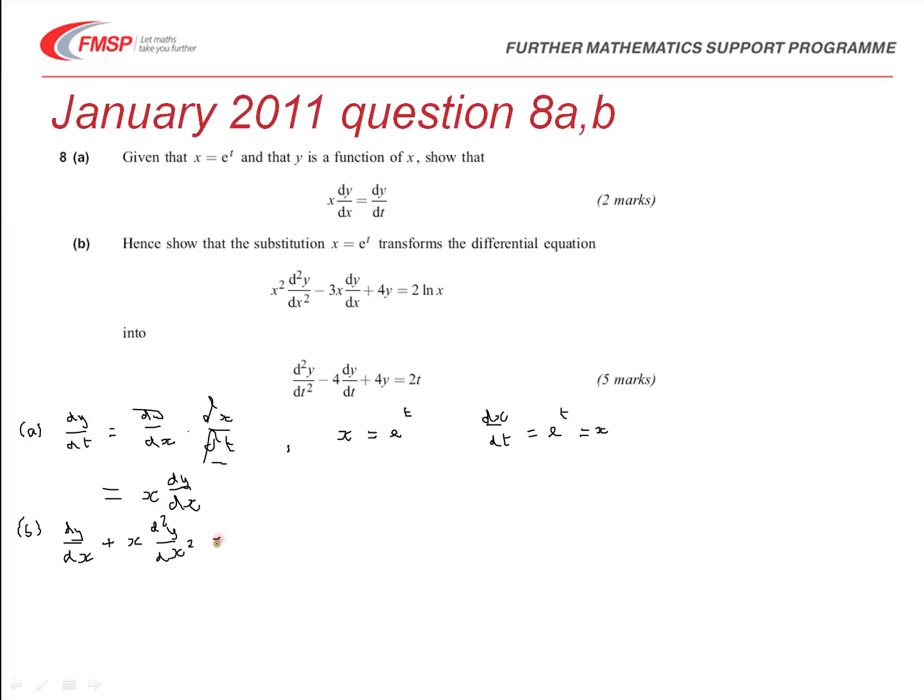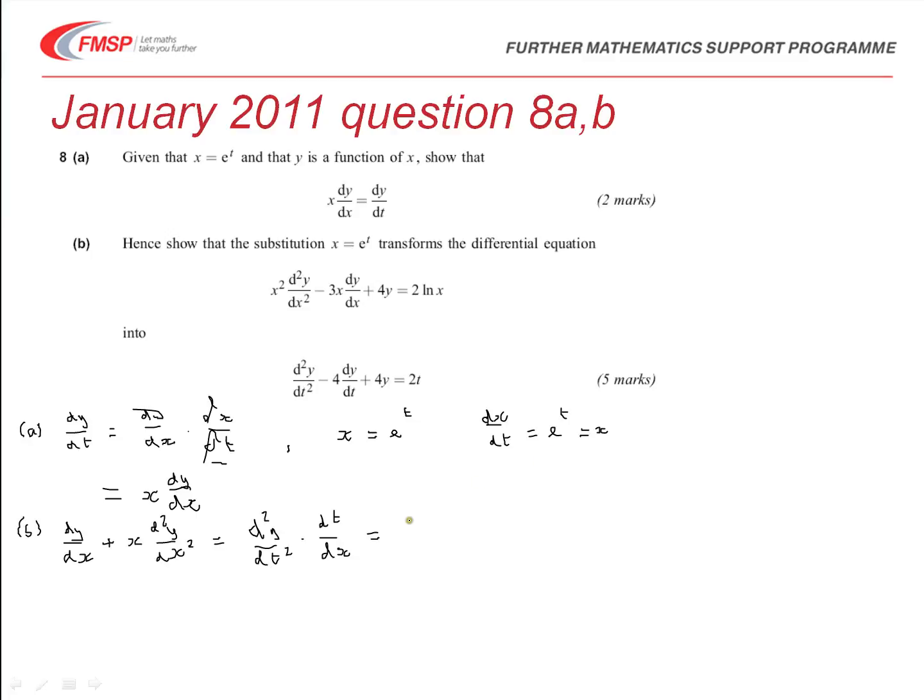and that will equal, well, we've got to differentiate this dy by dt with respect to x, so we'll have to use the chain rule, differentiate it with respect to t, so it becomes a second order differential, and multiply it by dt by dx, which of course we know that dt by dx is the same as 1 over x from over here.